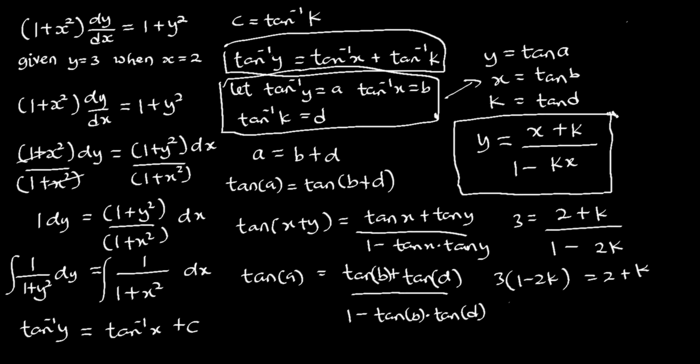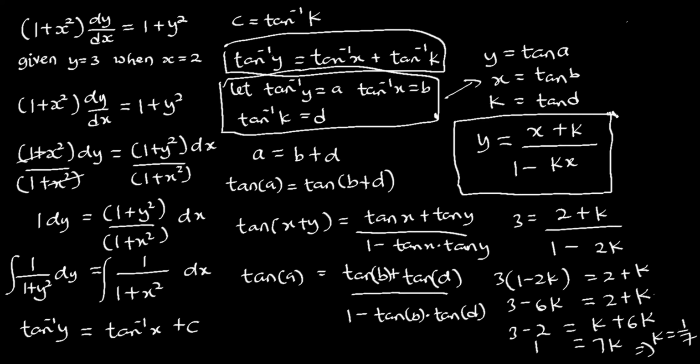So this will be 3 minus 6k equal to 2 plus k. Then 3 minus 2 equals k plus 6k. On the left hand side I have 1, and on the right hand side I have 7k. So k is equal to 1 over 7.